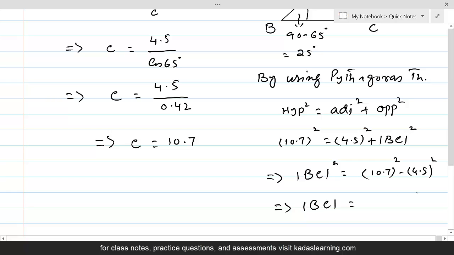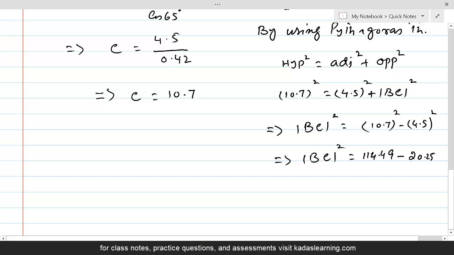and this will give us BC square equal to 114.49 minus 20.25, and this way we get 94.24 as the value for BC square, and BC is equal to the square root of 94.24, and if we take square root, this will give us 9.70.